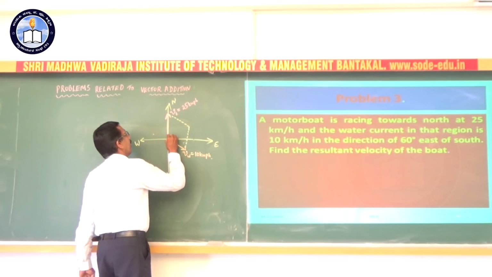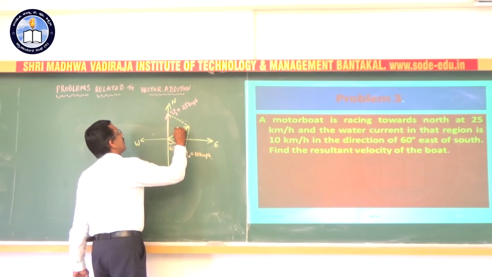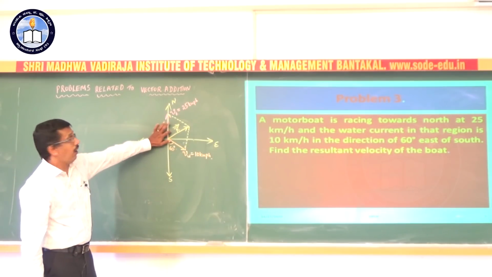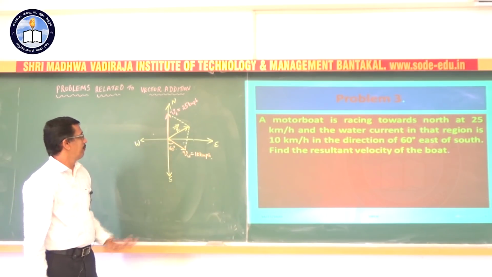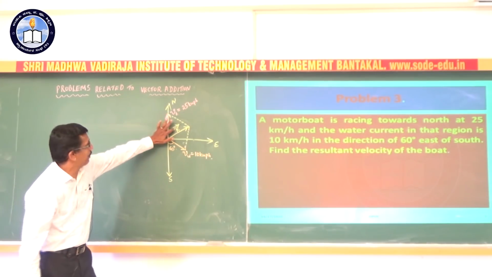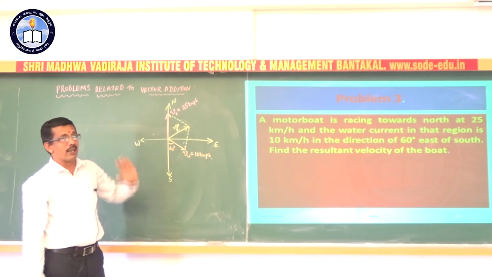Draw the diagonal. This is the resultant. This we want to find. R, the resultant of these two. Resultant in the sense we should find the magnitude as well as direction with respect to any one vector.